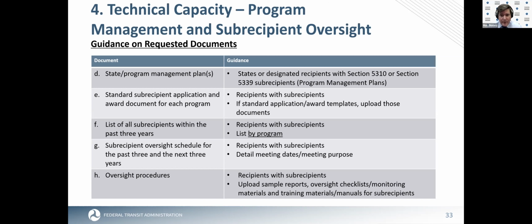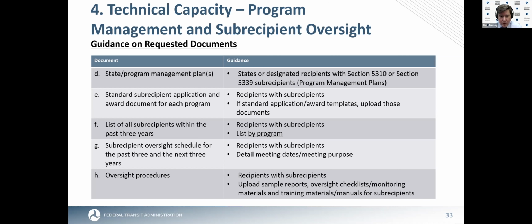Try and illustrate all of that to your reviewer. And again, one thing that may come into play here is you could say, okay, in 2019, yes, we did a visit to our subrecipients and we did all this stuff, but then COVID hit. So 2020 and 2021, we still did oversight, but we weren't able to do our physical meetings with them, our physical site visits. So here's what we did instead. All that is going to be invaluable for your reviewer to get context about your whole process.